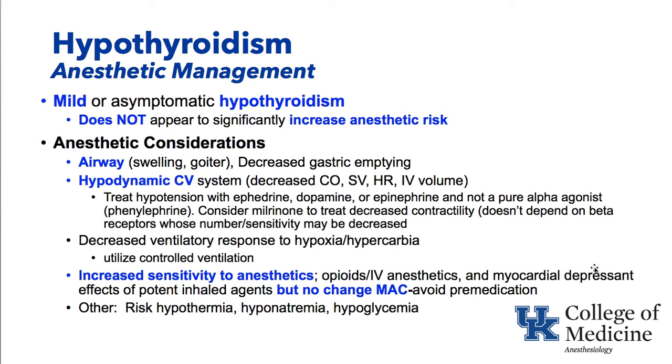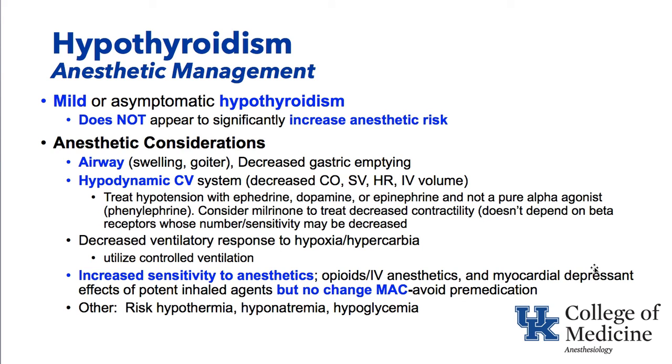Milrinone may be needed to treat decreased contractility, because it doesn't depend on the beta receptors, and those beta receptors' number and sensitivity may be decreased by long-standing hypothyroidism and low thyroid hormone. We said that the thyroid hormone affected the ventilatory response to hypoxia and hypercarbia, and we need to be aware of that in the perioperative setting, and that there will be increased sensitivity to anesthetics like opioids and our IV anesthetics.